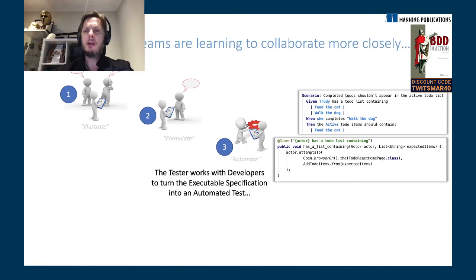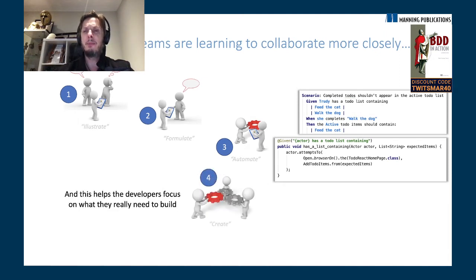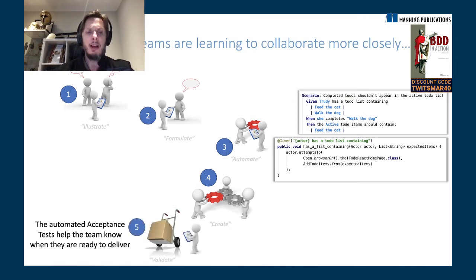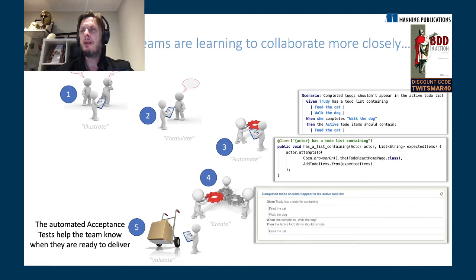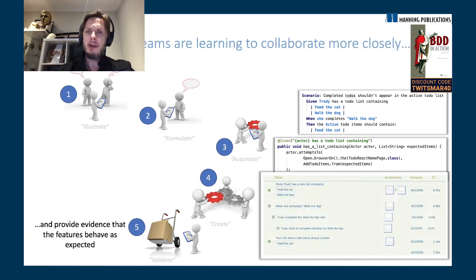Then you go and automate these tests, and eventually you'll come up with some software that hopefully reflects what you're trying to build. How do you know that it does? When you run the tests, you produce test reports which mirror the requirements that you agreed on initially. So this feedback cycle becomes much more accurate.